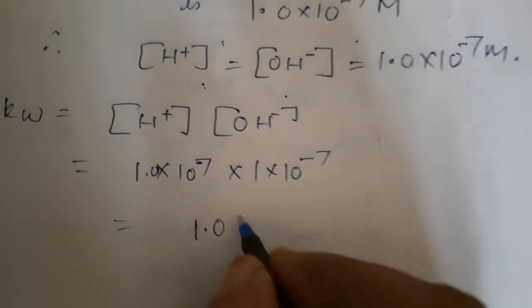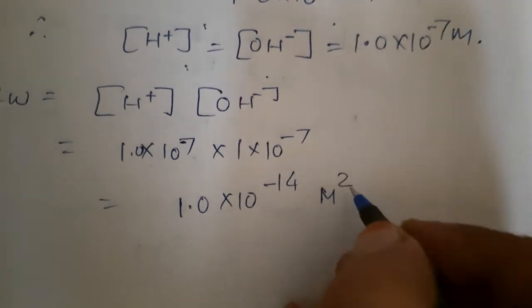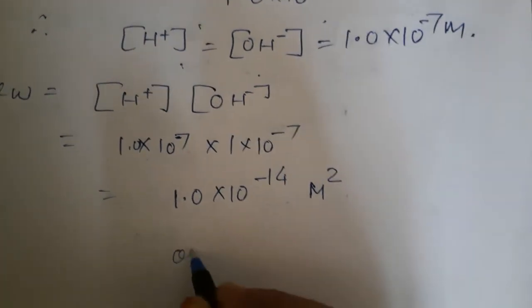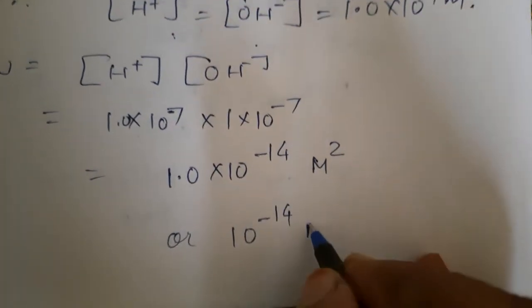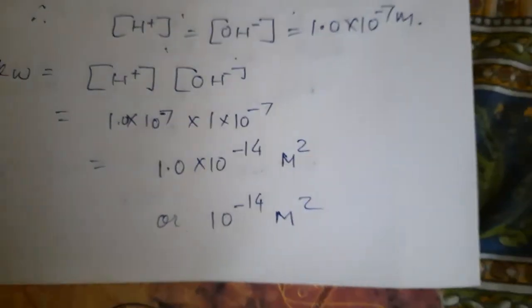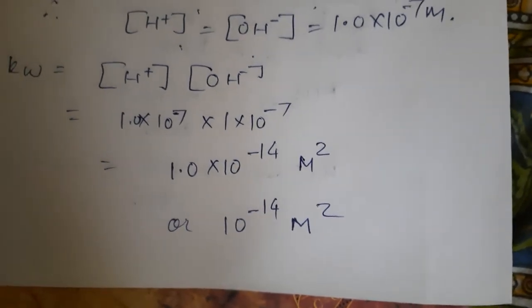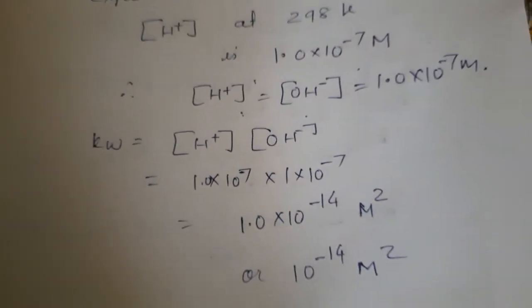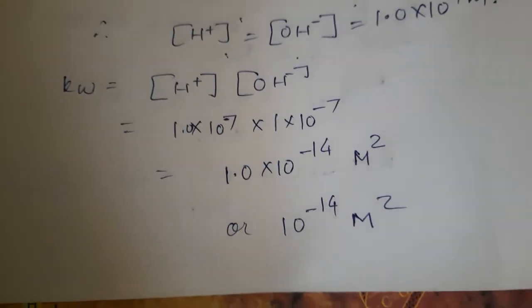So 1 into 10⁻¹⁴ M², right? Now this value of Kw is dependent on temperature, and why? Because we know it is an equilibrium constant, the ionic product of water.